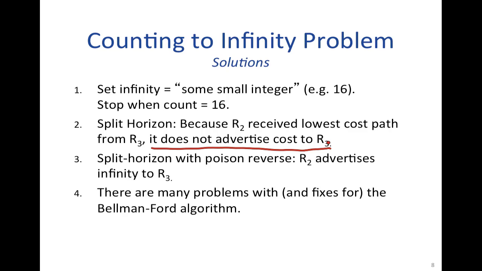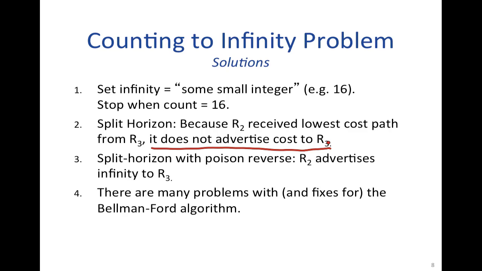So that's one way. Another one is called split horizon with poison reverse. In this case, R2 will actively advertise infinity to R3. So it says, because I heard the lowest cost path from you, I'm going to actively send you the value infinity, so you will absolutely never think that you can get there via me.